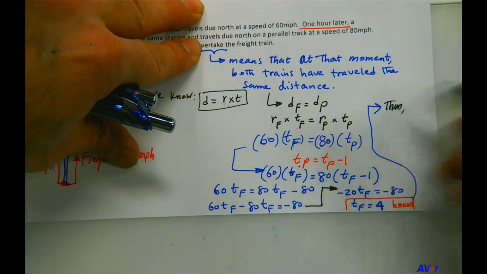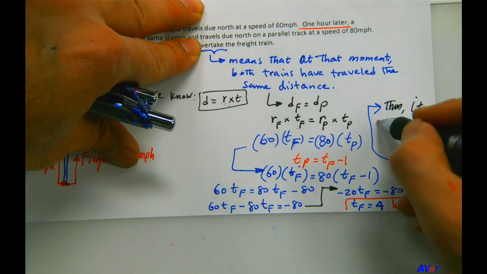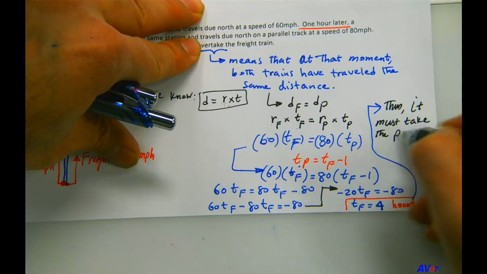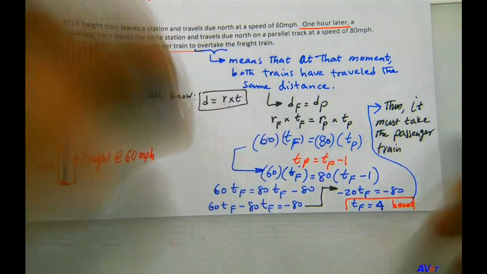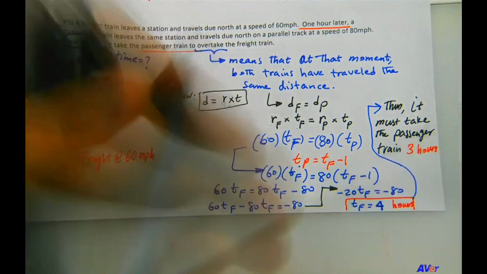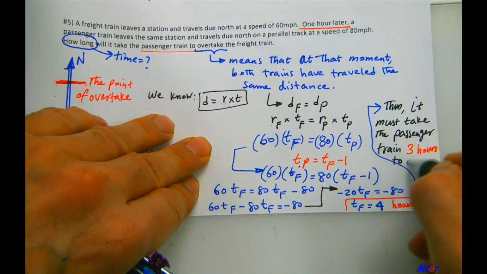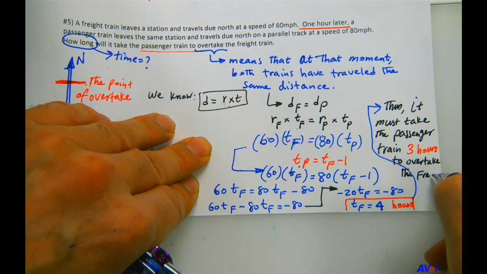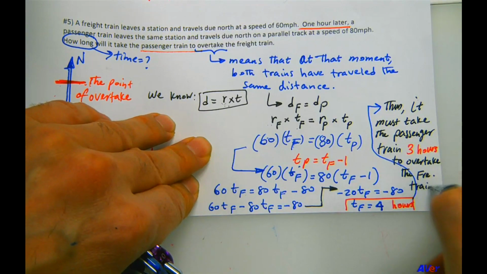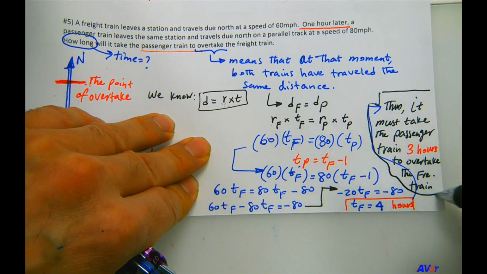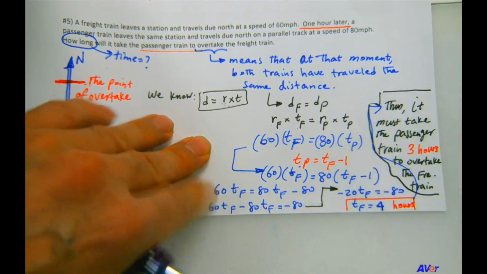Thus, it must take the passenger train 3 hours to overtake the freight train.